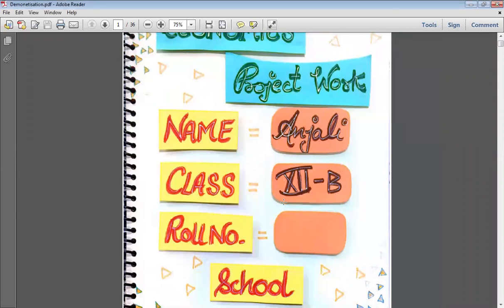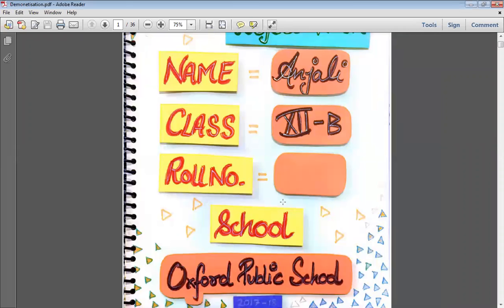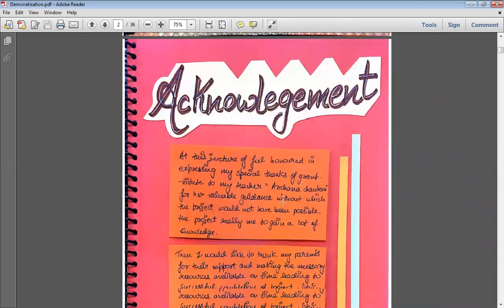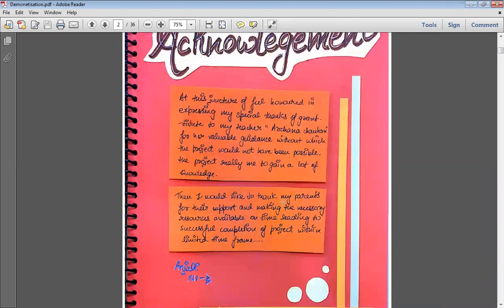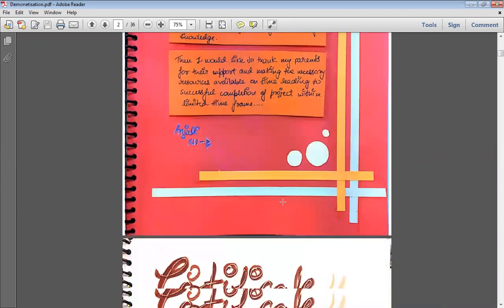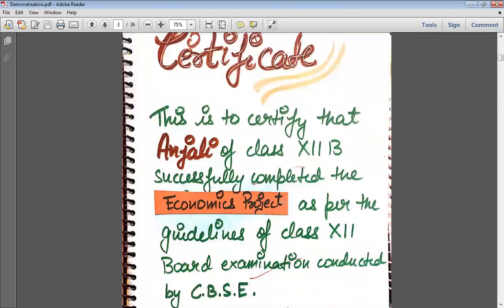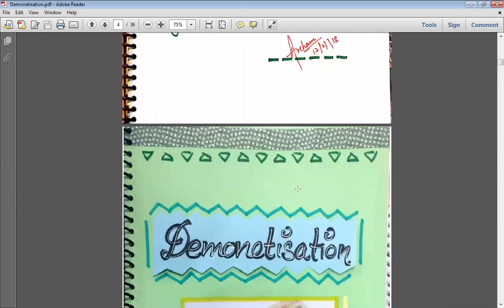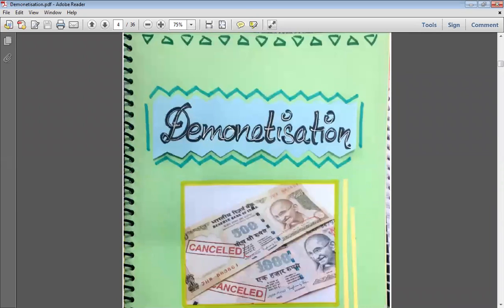So you must write in a record, or else, as your grade 12 students have now done, they have written in A4 sheets. So first your acknowledgement part, then the certificate with your name and your signature. Then the topic, demonetization.